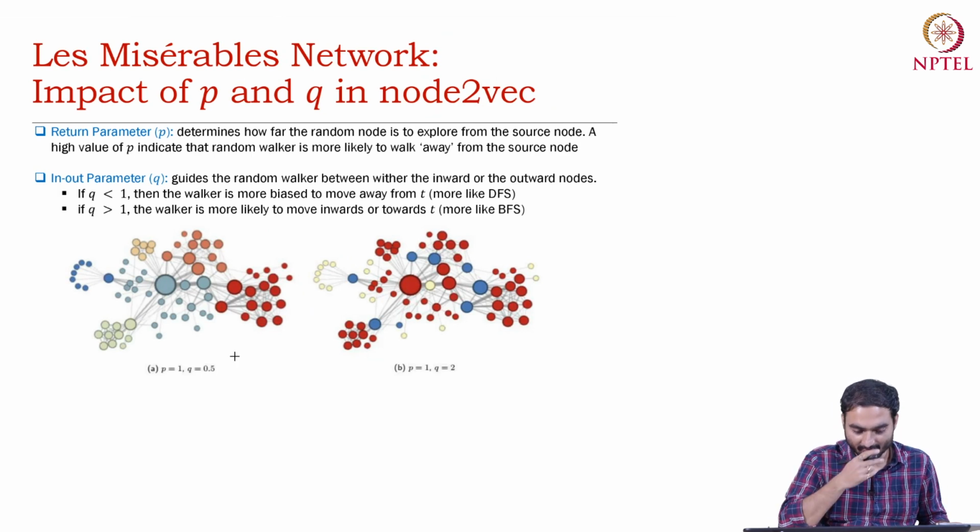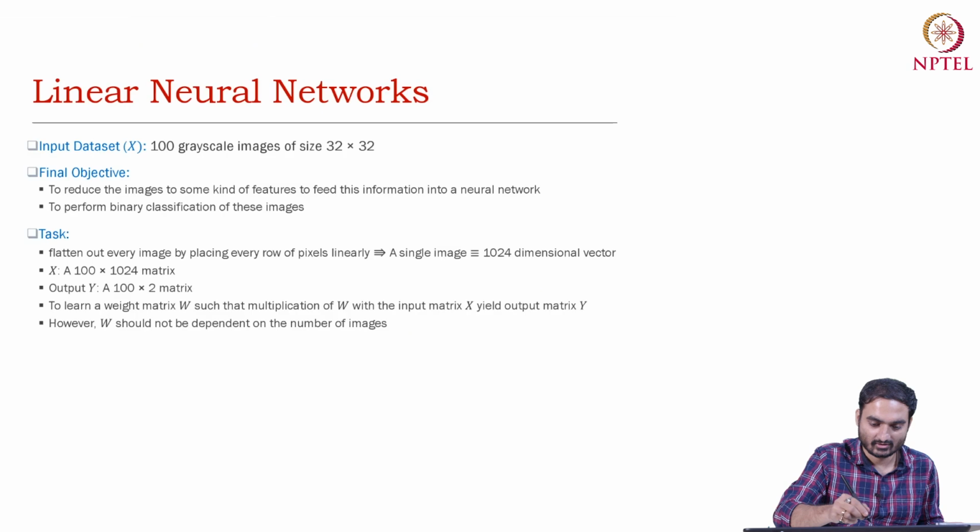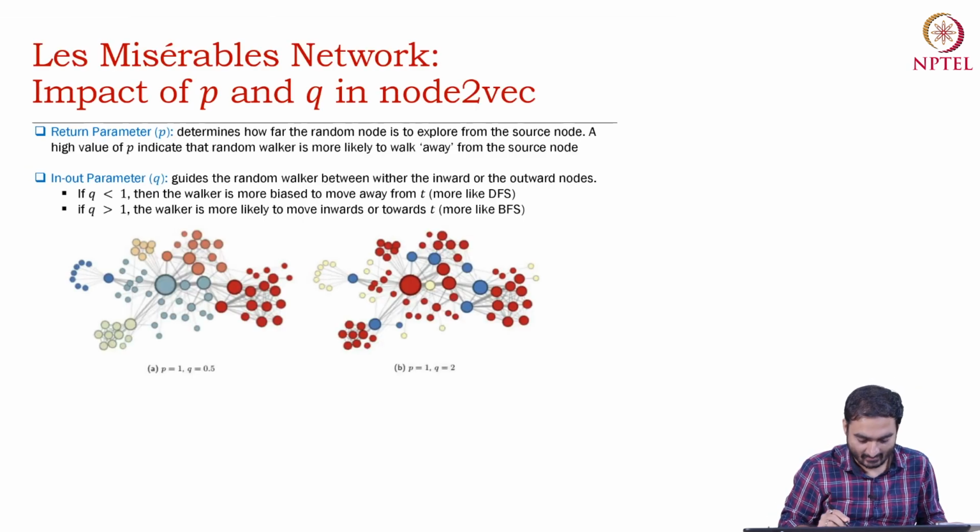Now, look at this figure. This is a real-world network, and you see here the settings P equals 1 and Q equals 0.5, and P equals 1 and Q equals 2.